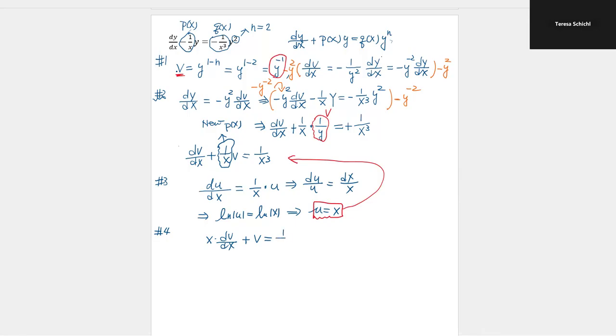Okay, so it's 1 over x squared. So this is you multiply u on both sides of the equation here.